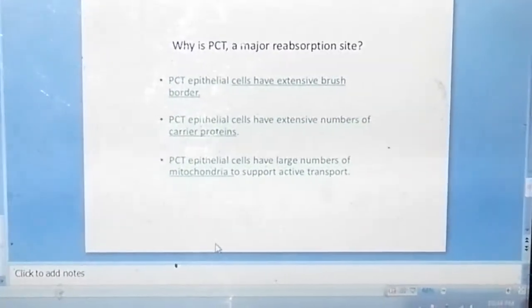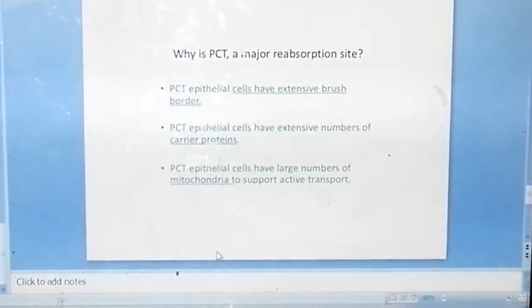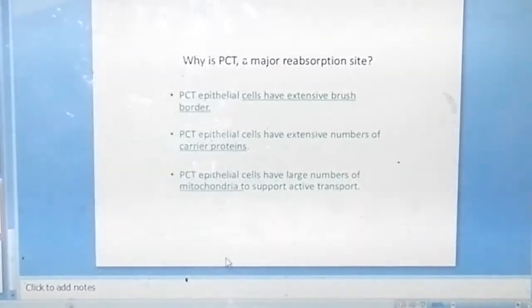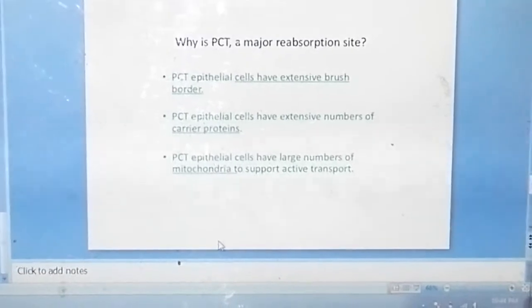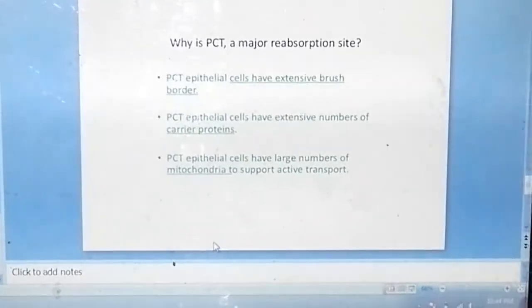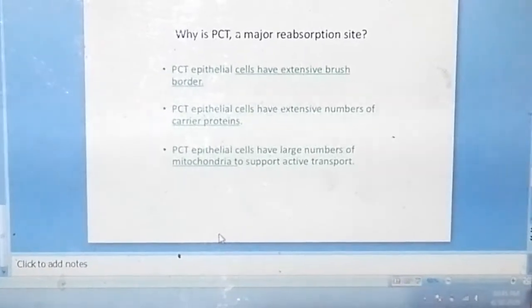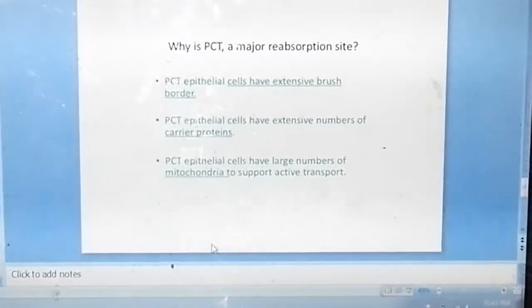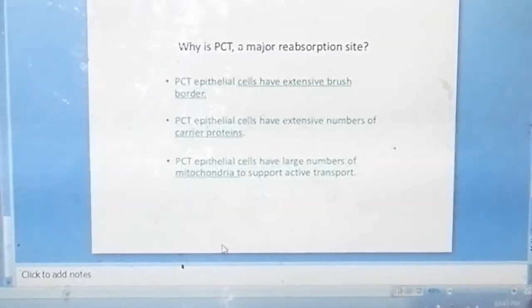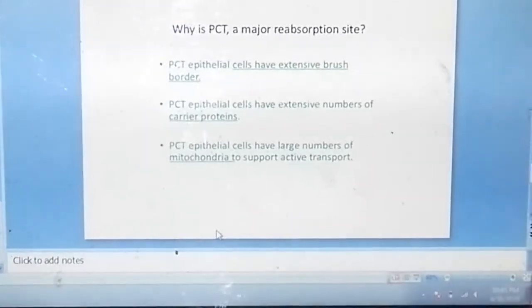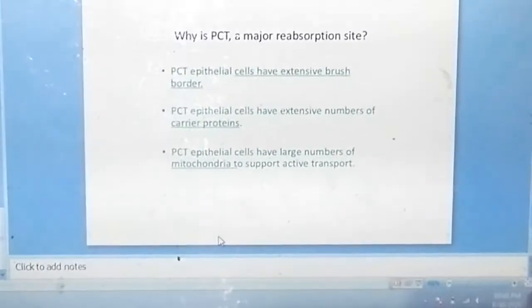Now generally this question is asked, why does major reabsorption occur in the proximal convoluted tubule? Why is PCT a major reabsorption site? Because the epithelial cells have extensive brush borders and an extensive number of carriers.